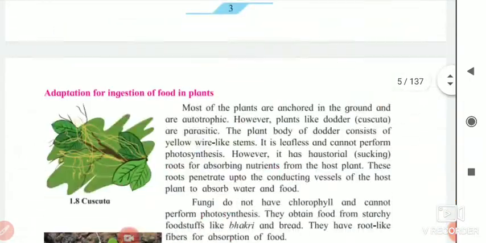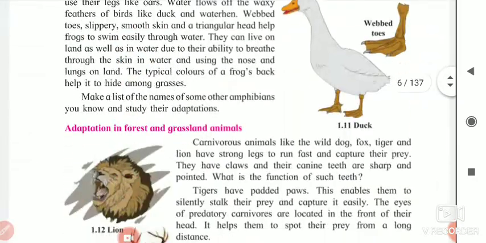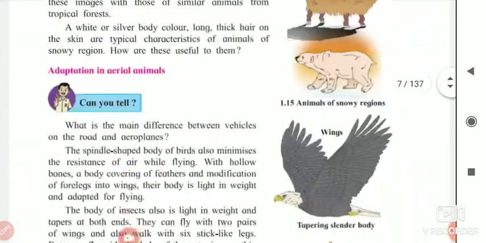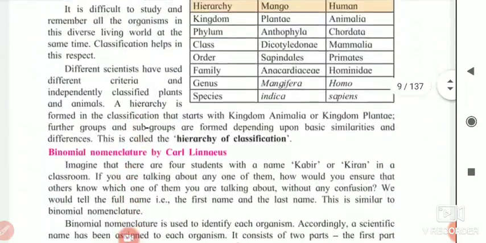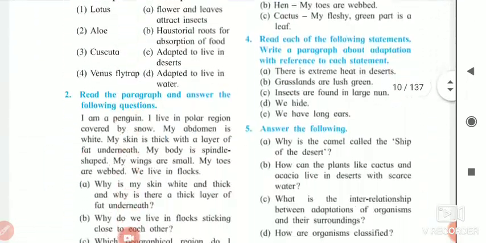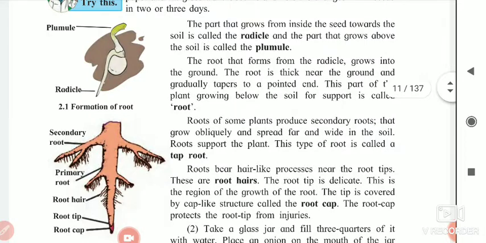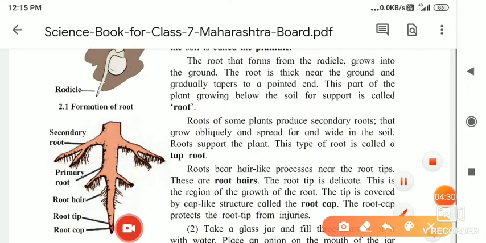First of all you have to practice the following experiments. We will refer to the textbook only, and take the experiments from it. Parts of root: you can practice this, where you write the aim to study the parts of root.